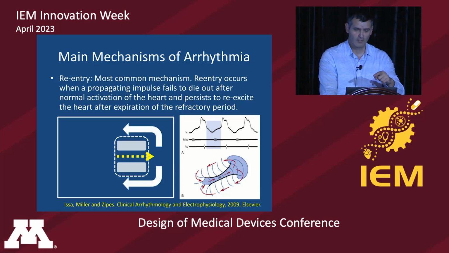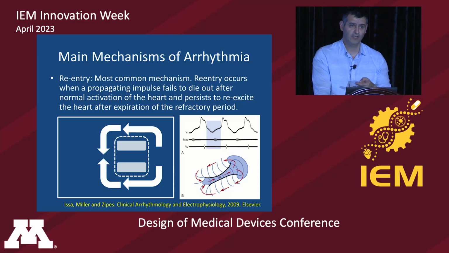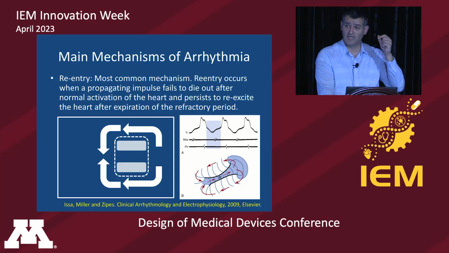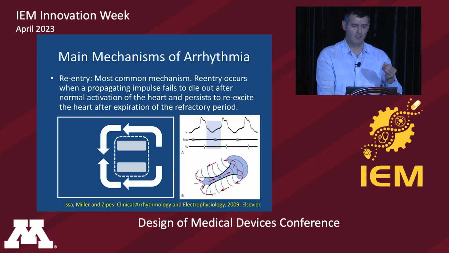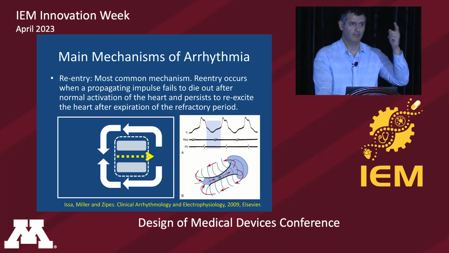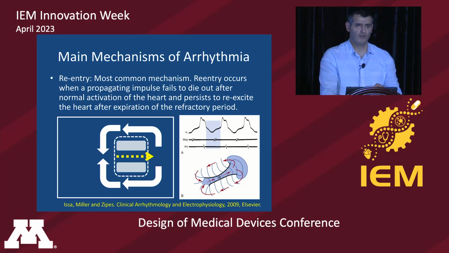Hence, it will go around and around again, and now finds the entry again, correct? So now if that channel is beyond its refractoriness and it's ready to be activated again, you get re-entry. It's a short circuit. And this is the mechanism that most VTs in patients with structural heart disease, heart attacks or heart muscle disease, have.